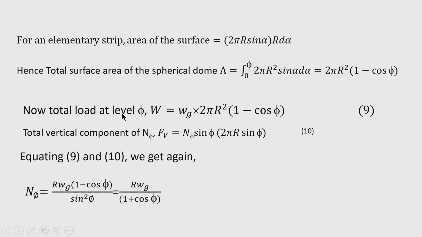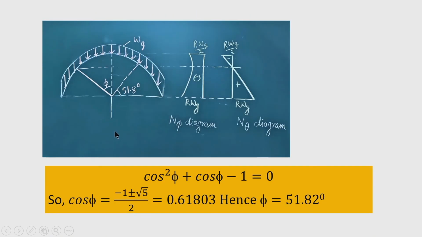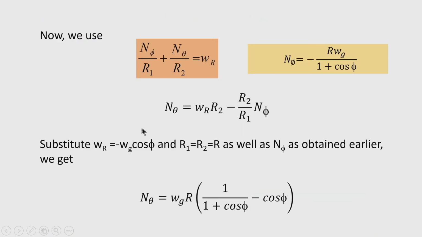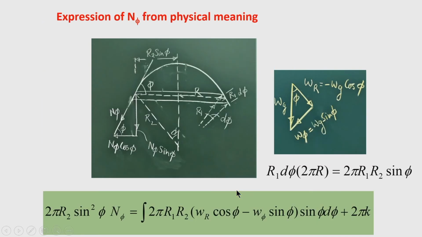Okay. Now, let us see whether we can get the same result that we obtained by integration earlier. Using the integration we obtained n phi and n theta as this. So, let us see whether we get this by means of physical interpretation.